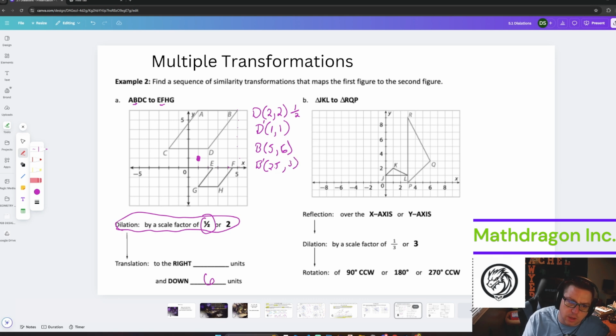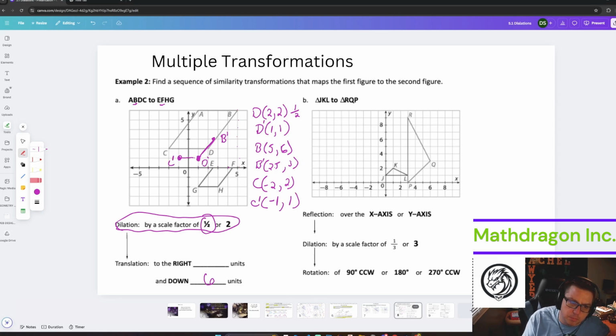So 1, 2 and a half, 1, 2, 3. That's B prime. That's D prime. Then C is negative 2, positive 2. That's C. C prime is going to be negative 1, 1.